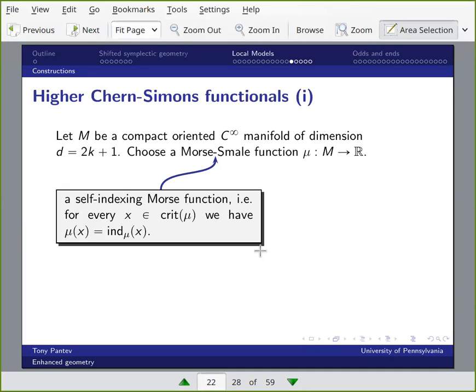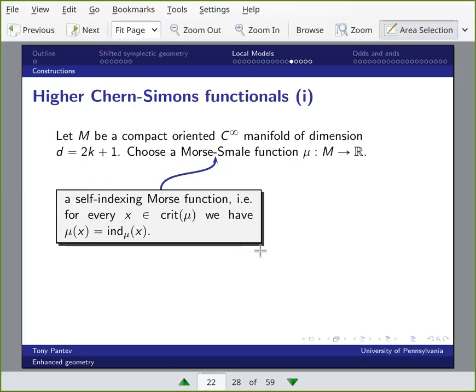And we want to understand it as a symplectic guy, which is given as the critical locus of a potential somewhere. And that potential will be the Chern-Simons function that realizes that moduli space. So for 3-manifolds, it will be just the usual Chern-Simons functional, or some globalization of the usual Chern-Simons function. But for higher dimensional manifolds, it's going to be something new.